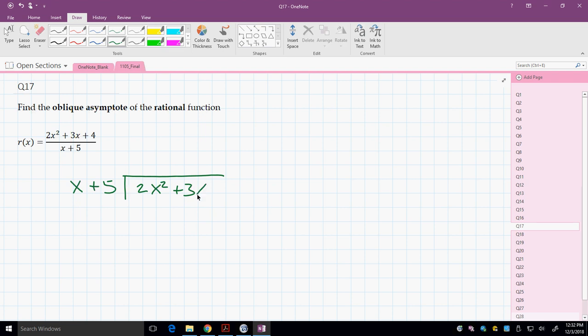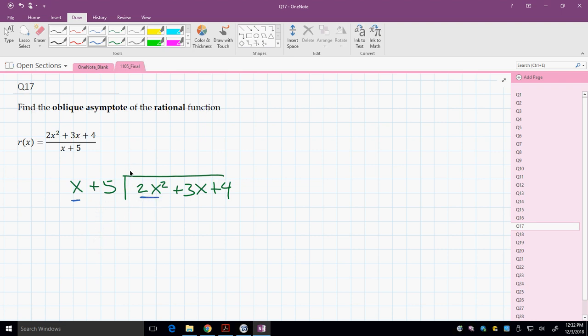2x plus 3x plus 4. What we need to do here is to figure out by which number and variable we need to multiply the first term here to cancel the first term inside here.